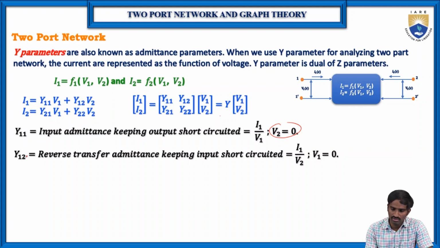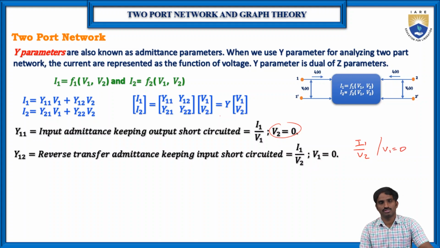We know that Y is equal to I by V, so Y12 is I1 by V2. Here we cannot make V2 equal to 0, because then Y12 would become infinite. So we make V1 equal to 0, which means the input side is short circuited.